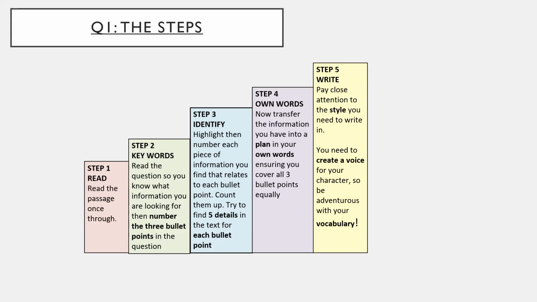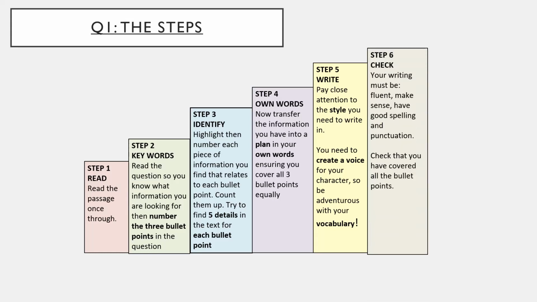It's really important to explore your imagination. Don't be shy. Really be adventurous with your vocabulary. And step 6, check. Keep checking. Your writing must be fluent and must make sense and have good spelling and punctuation. Check that you have covered all of the bullet points.